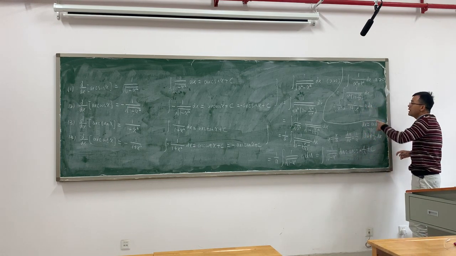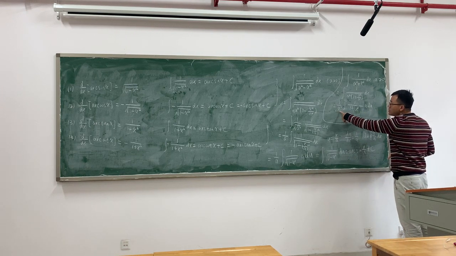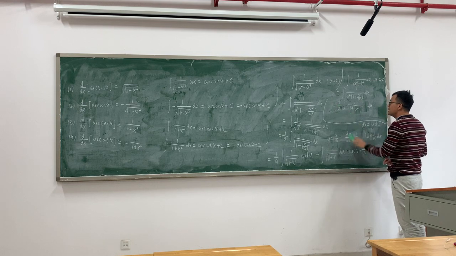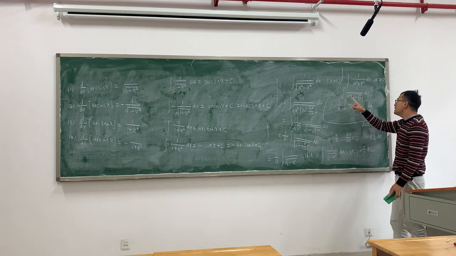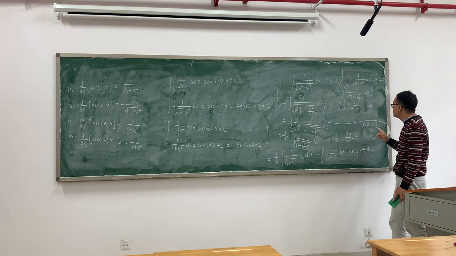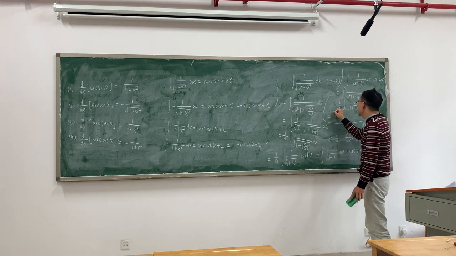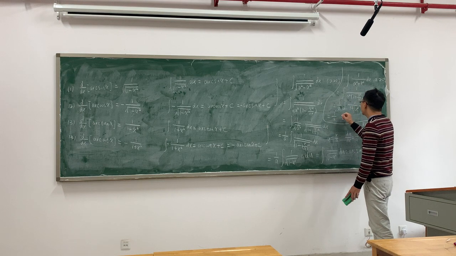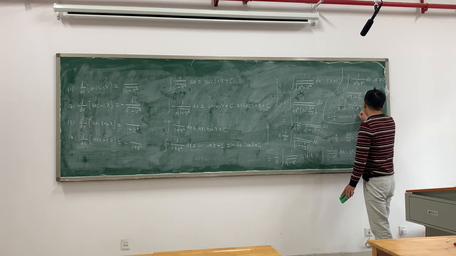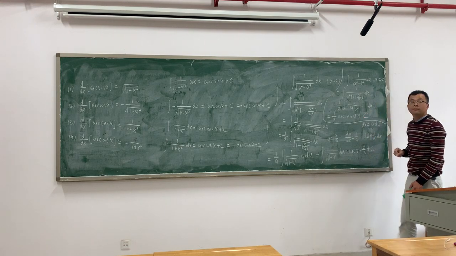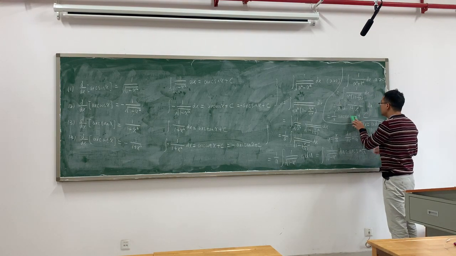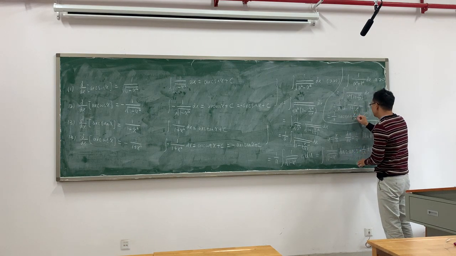Here we have a, here we have a squared, so we cancel one a, and here is 1 by a times the antiderivative of 1 by 1 plus u squared du. So here is 1 by a times arc tangent u plus c. u is x by a. So the result actually is here.